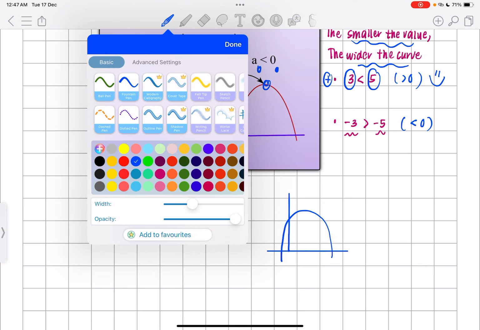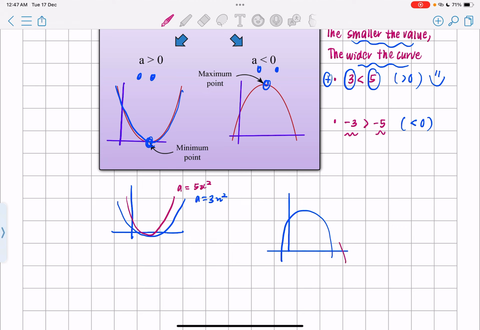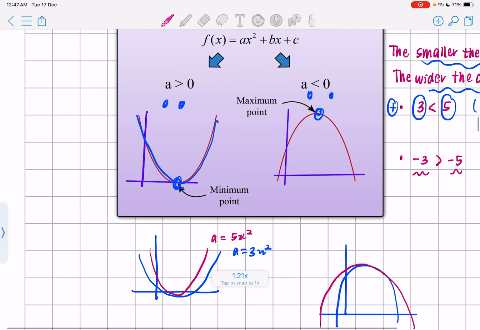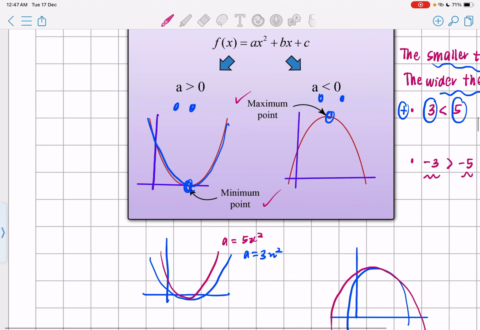But when you want to draw -5, bigger. Okay, sebab the smaller value, so the wider the curve. Okay, and then you must remember about maximum and minimum point. So basically the question will tell you lah, dia nak cari maximum or minimum point.